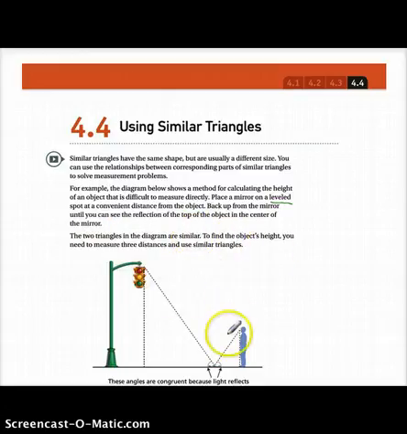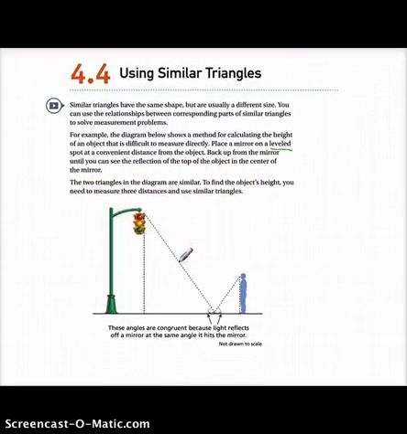To find the object's height, you need to measure 3 distances and use similar triangles. Okay, so you're measuring 3 distances, and the distances you are measuring are your height, your distance from the mirror, and then this distance from here. Measure to your eyes: 1, 2, 3, and this will be your x, your unknown.